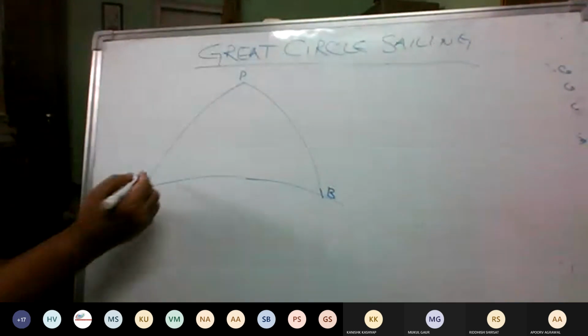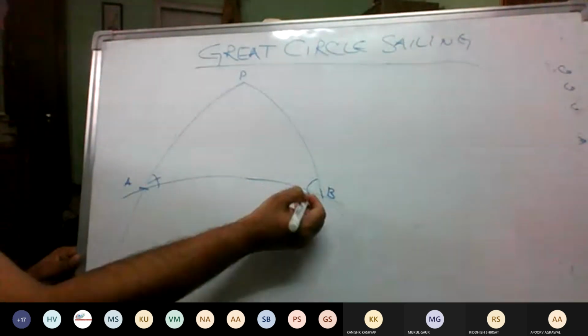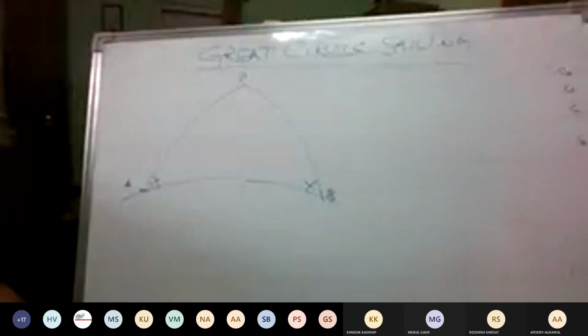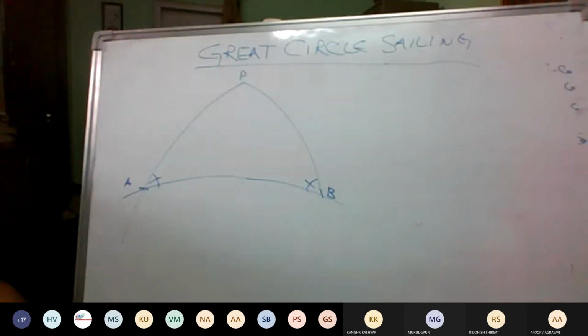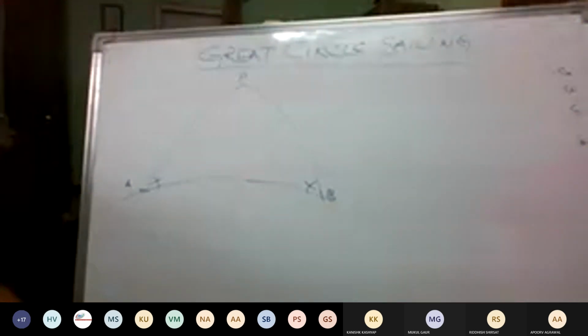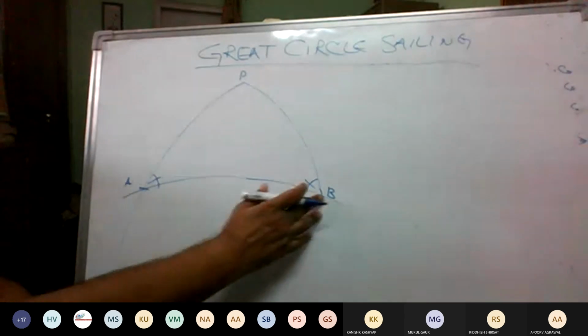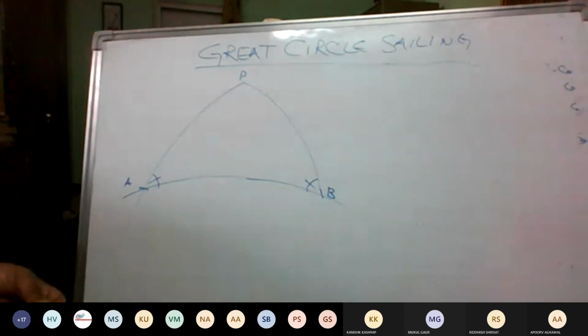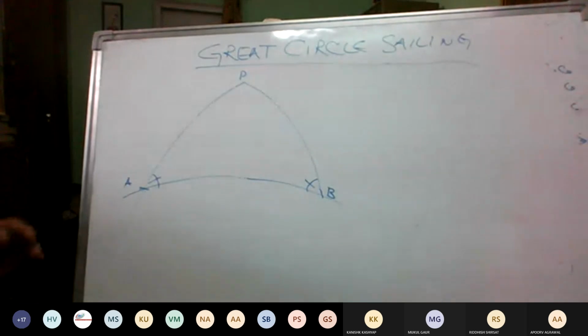So this angle A is equal to angle B. Agree on this? If PA is equal to PB, this angle A is equal to angle B. Is that clear? Yes or no? Yes, sir.